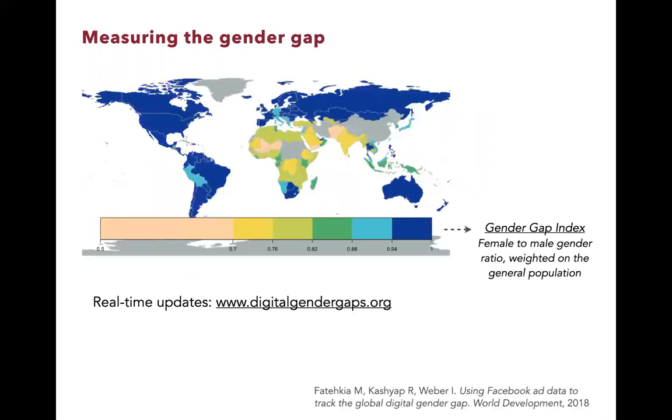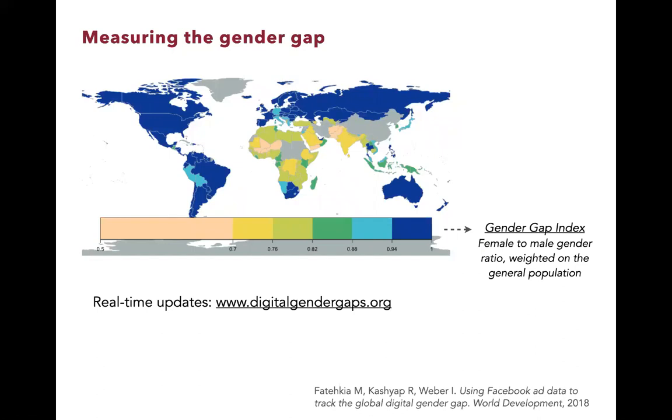Similarly, in this study from Fatehkia and collaborators, they again use Facebook advertising data to build a gender gap index. Similar to the previous study, they create this index as the female to male gender ratio, but this time it is scaled on the general population in order to correct for imbalances in the Facebook population.